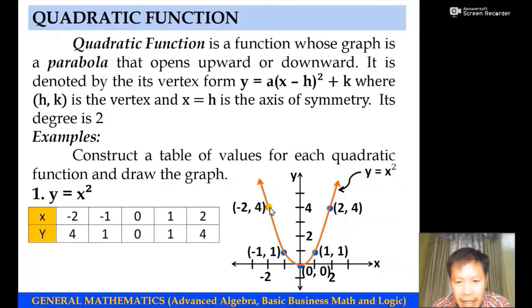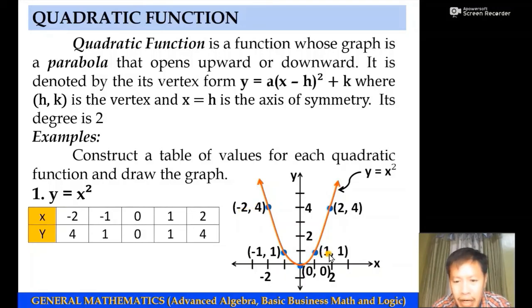Now, reflect this point to the other side of our graph because they are symmetric, and you can get this point, and that is 2 and 4. Therefore, move 1, 2, then move upward 4 units: 1, 2, 3, 4. This is the point with coordinates 2 and 4, symmetric with the point with coordinates negative 2 and 4.